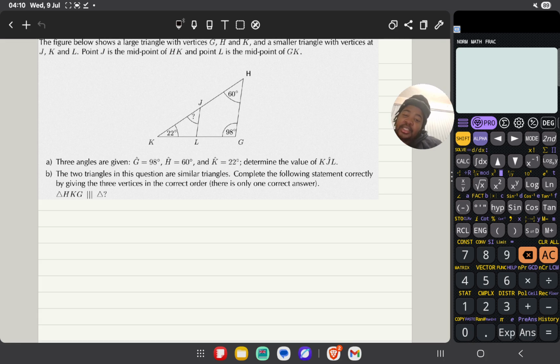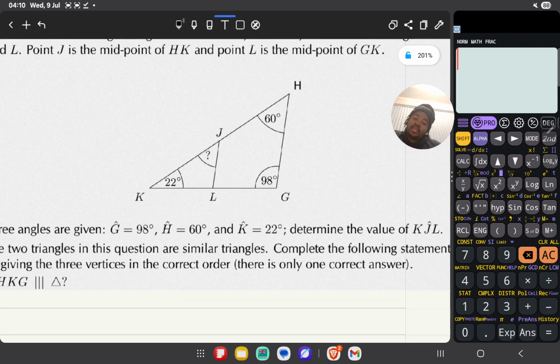G is 98, H is 60 degrees, and K is 22 degrees. And they say determine the value of KJL. This one, right? The one with the question mark. What is the angle in that triangle?